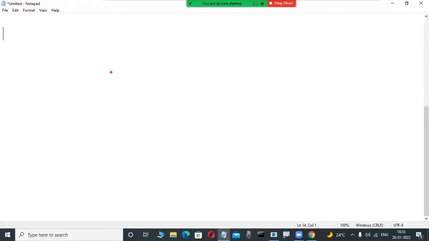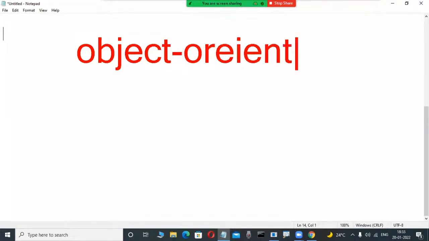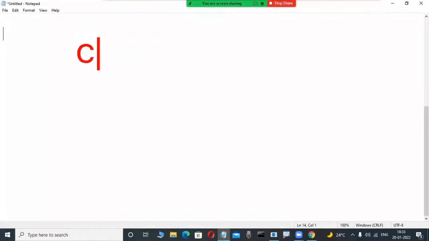Suppose there are many object-oriented languages worldwide. Maybe many fellows have an idea. What are the object-oriented languages? C++ is an object-oriented language. Java is a popular object-oriented language.